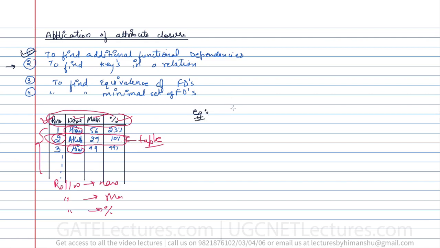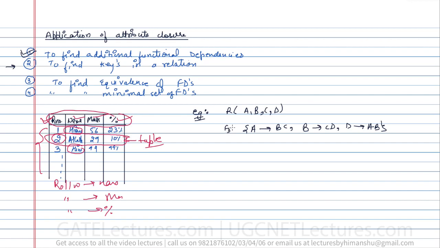So in the same way we can have some example of a relation. For example, relation R is having A, B, C, and D. This is a relation with 4 attributes, and assuming that the functional dependencies which are given are A determines BC, B determines CD, and D determines AB.